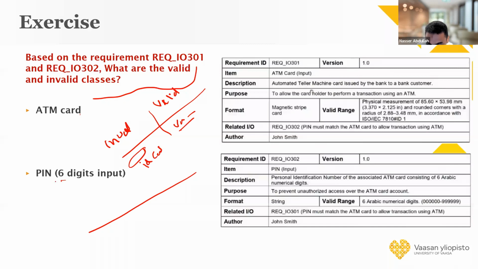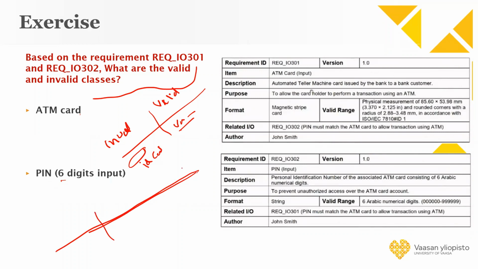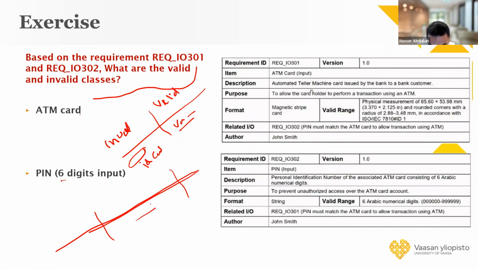Since we say here the bin number is a 6-digit input, maybe yes, I think it's three, because we have 6. Maybe we have a valid partition, which is 6 digits.